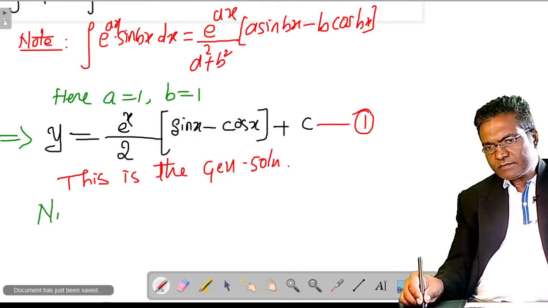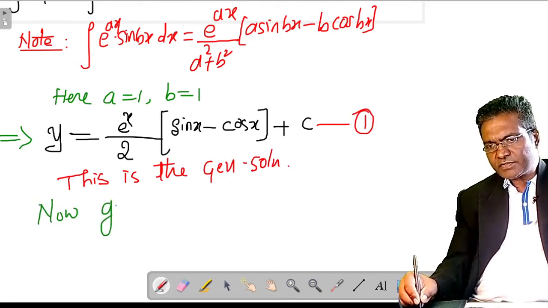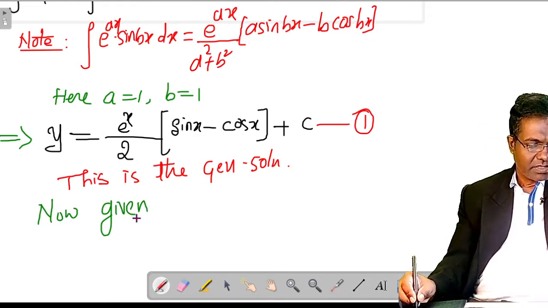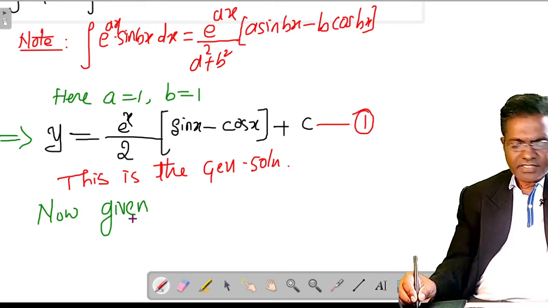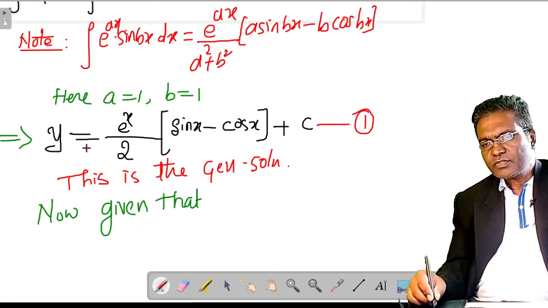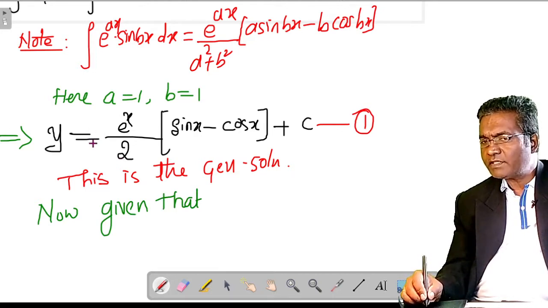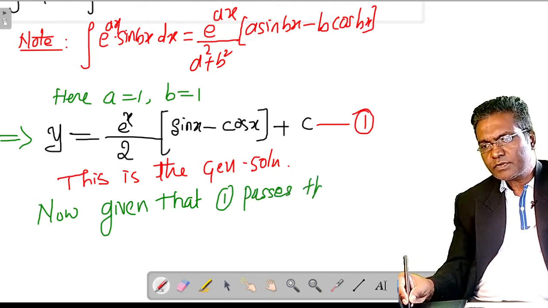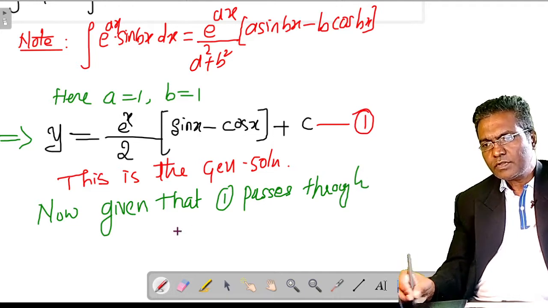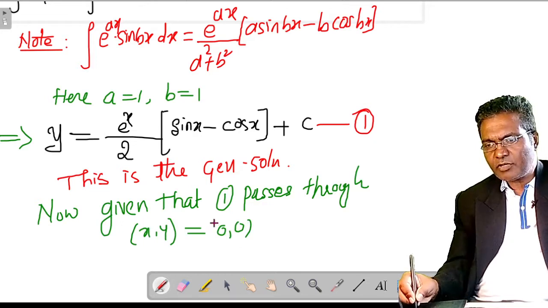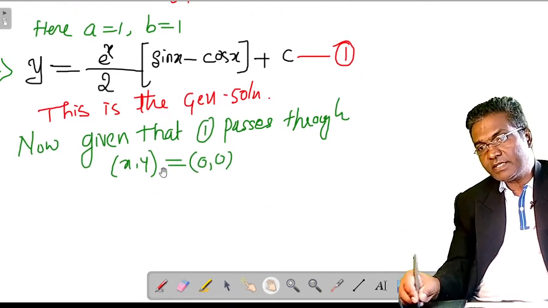Okay, now you are given initial conditions. Given the curve passes through the point 0, 0. So this is the curve of the given differential equation. The point 0, 0 means x is 0, y is 0.